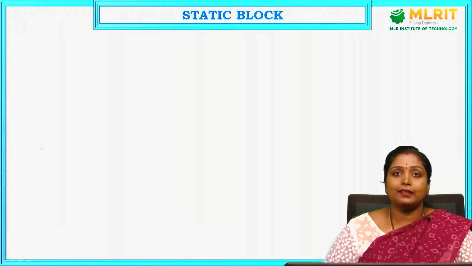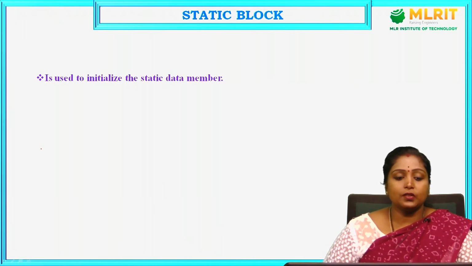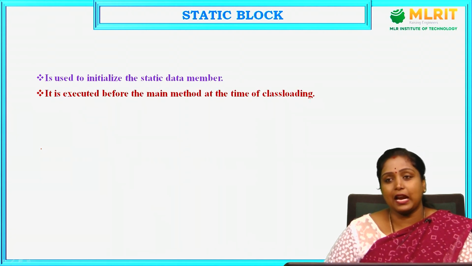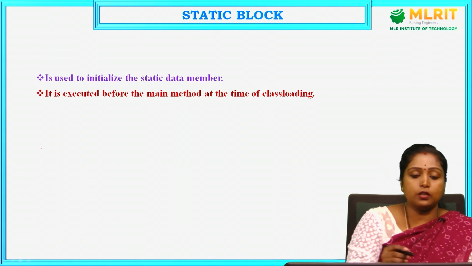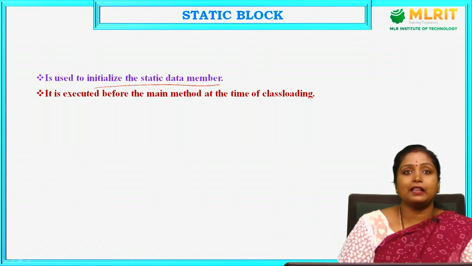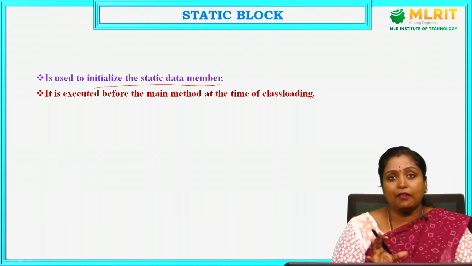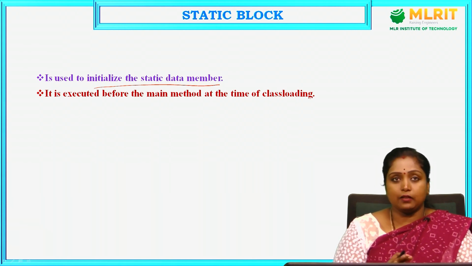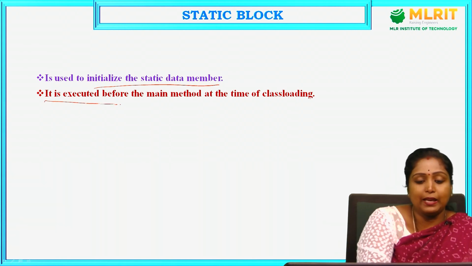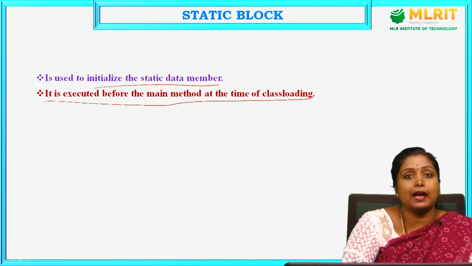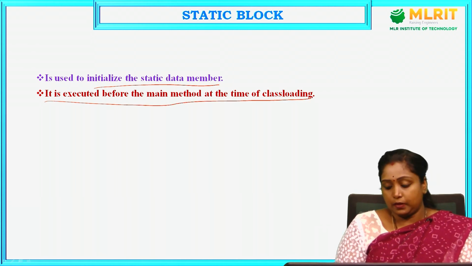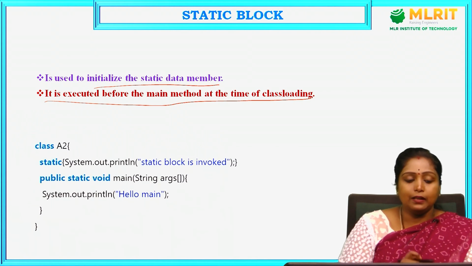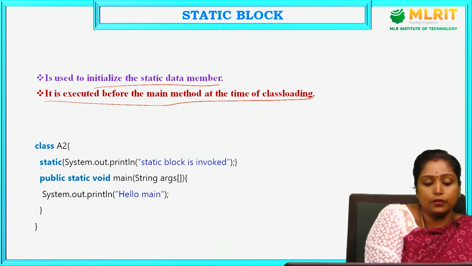Okay, next, static block. A static block is used to initialize the static data members. So we are going to use this as static, and you will have a block. This is used to initialize the static variables and it will be executed before the main method at the time of class loading. This is an example: class A2 which consists of a static block.